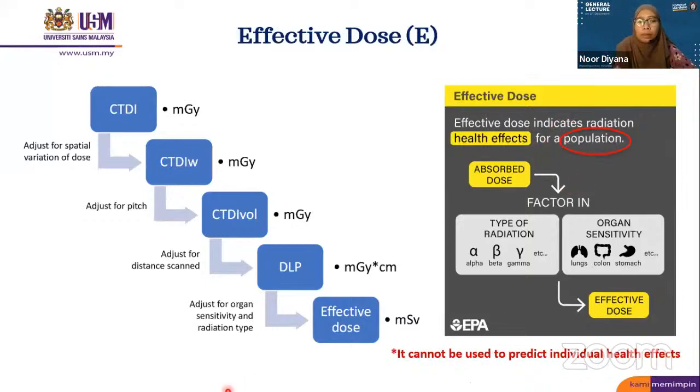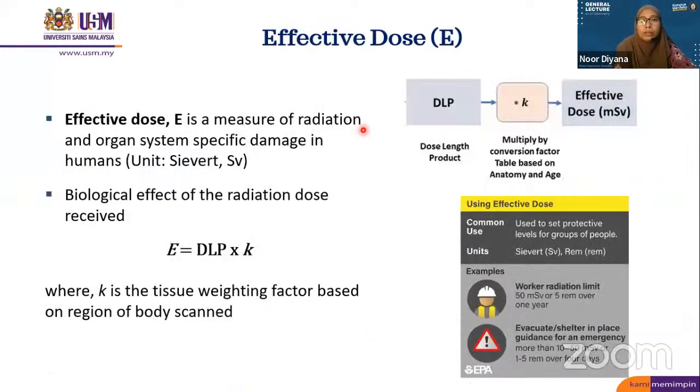For an individual, usually we talk in terms of organ dose or equivalent dose. So effective dose is a measure of radiation or organ system specific damage in humans, and the unit is sieverts.